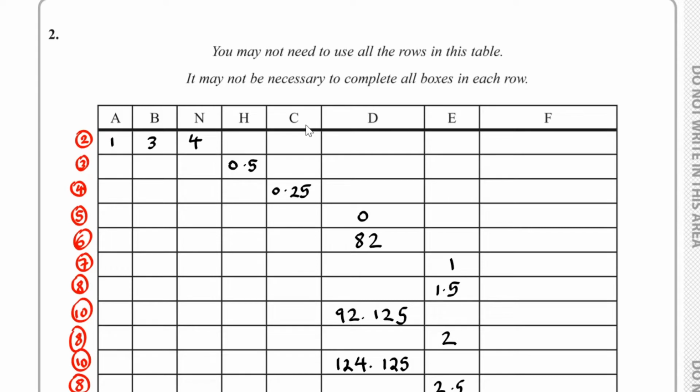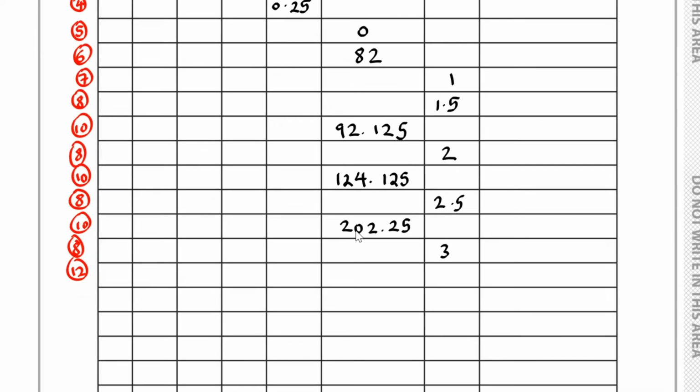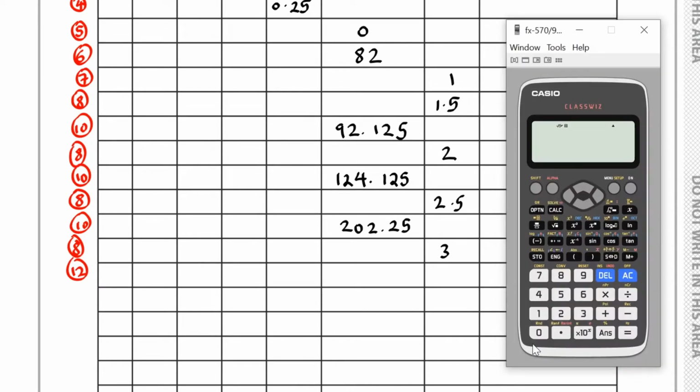So we have c times d. So we have 0.25 multiplied by 202.25, which is 50.5625.